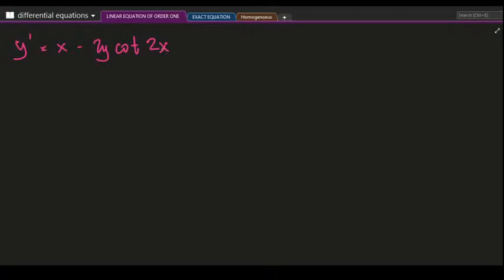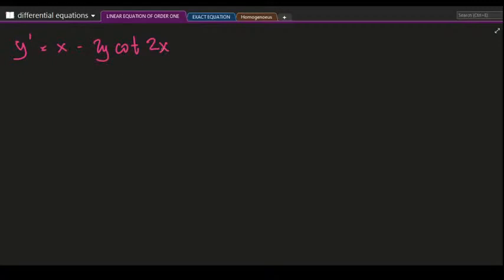So the first one is the equivalent for the 6 trigonometric functions: sine, cosine, tangent, secant, cosecant, and cotangent. You must know which of those functions is a reciprocal of the others. Then we have the Pythagorean identities: sine squared x plus cosine squared x is equal to 1, and secant squared x is equal to 1 plus tangent squared x.